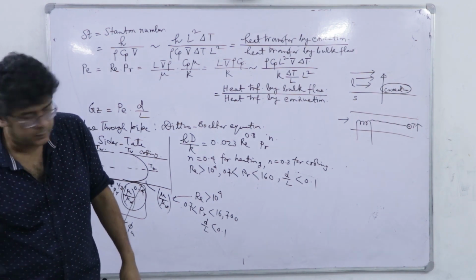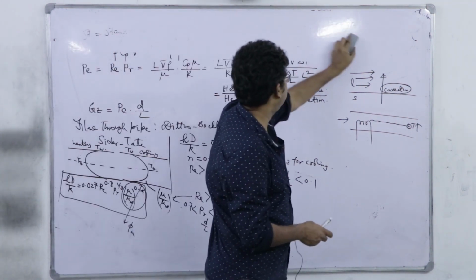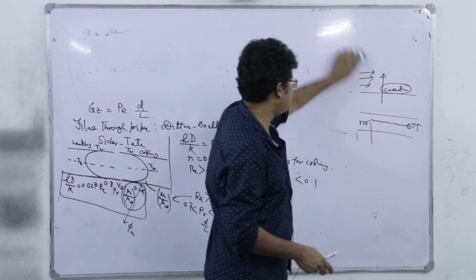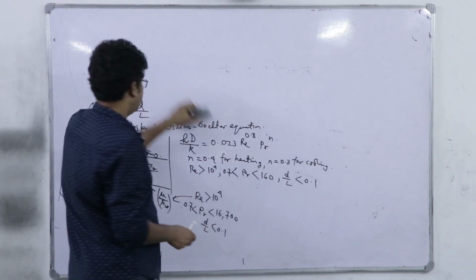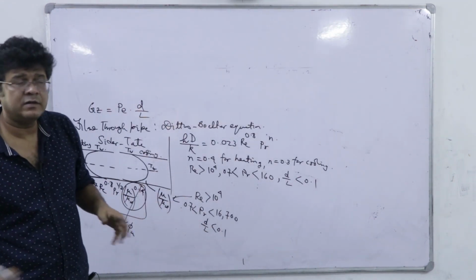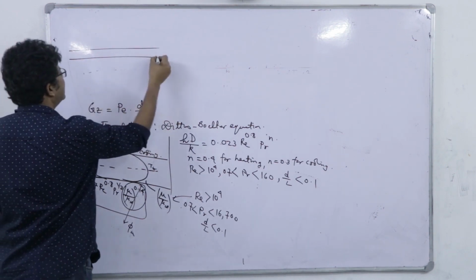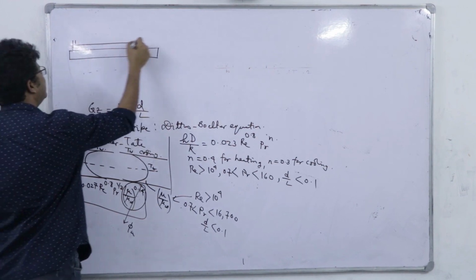Now, at this point it is very important to understand again this concept of equivalent diameter, because we will see later if I go for a double pipe heat exchanger, right. Here is the double pipe heat exchanger structure, I am just describing it in an elementary form.